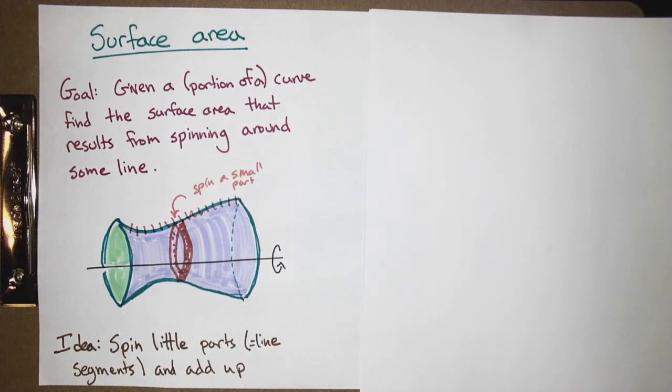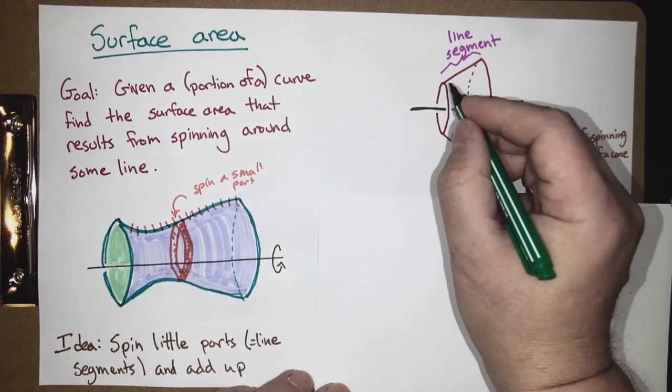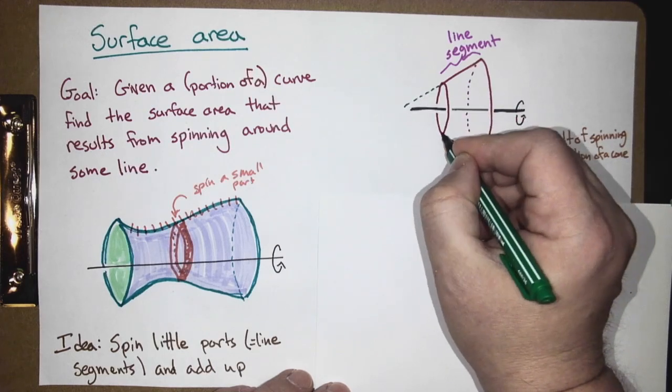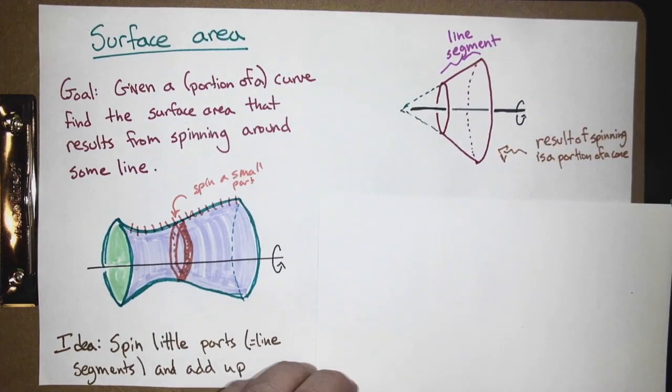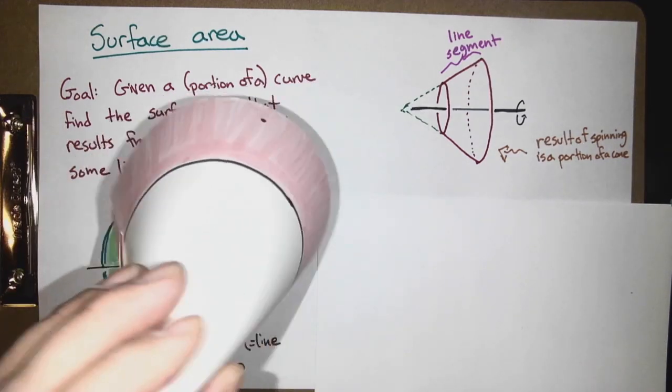Okay. Well, so what's going on? We have a straight line segment, we're spinning it around, and we see this shape. Now, what can we say about this shape? Well, you can imagine what it looks like. If you were to extend this down and then spin, what would you see? What's the shape? It's a cone, right?